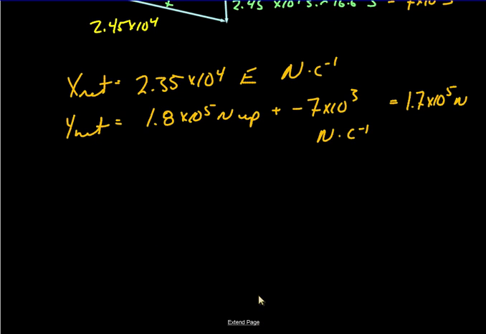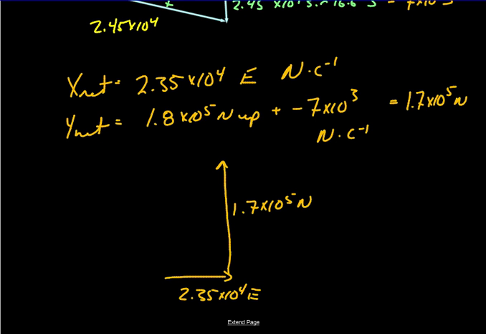Okay, and then last but not least, we just need to do our final solution here. 2.35 times 10 to the 4 east plus 1.7 times 10 to the 5 north. And the solution to this will be the final answer to the problem. So that's what we're after in terms of our field strength, just like we suspected.